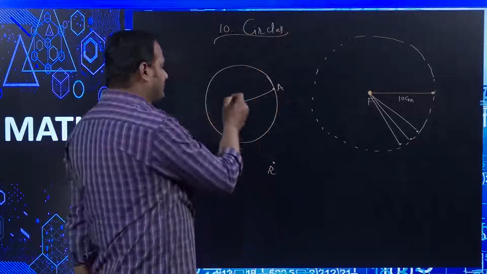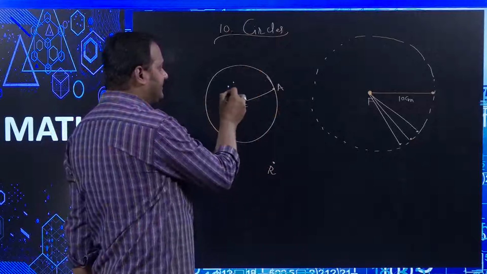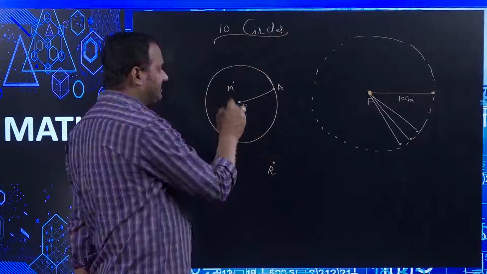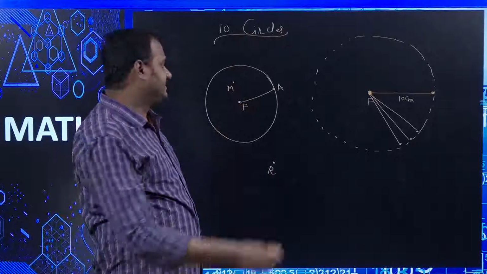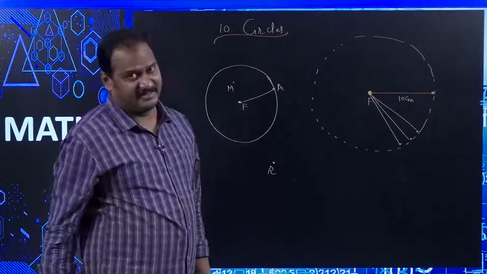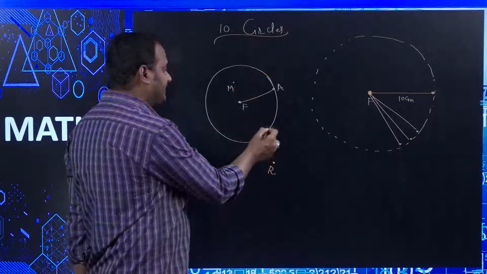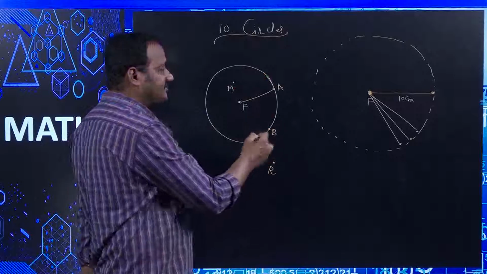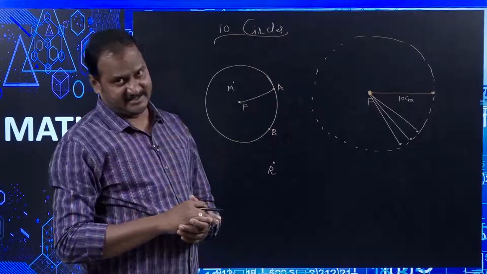Suppose I take one more point here, let this point be M. So M is a point lying inside the circle. And if I take one point here, then this point B is said to be a point lying on the circle, right.